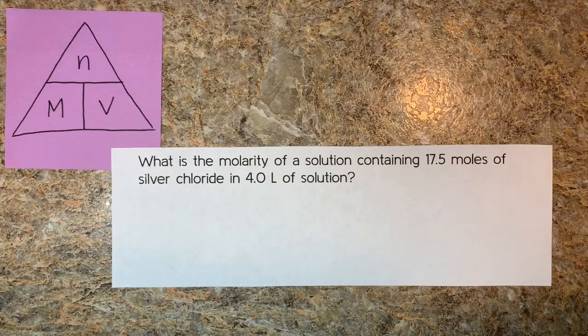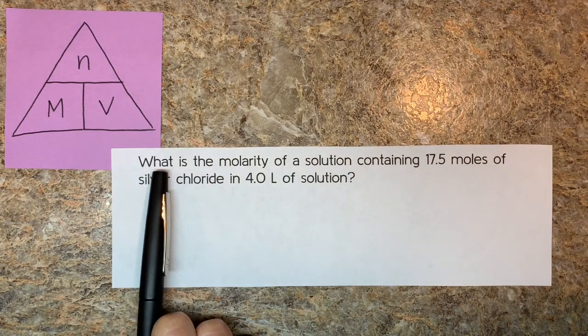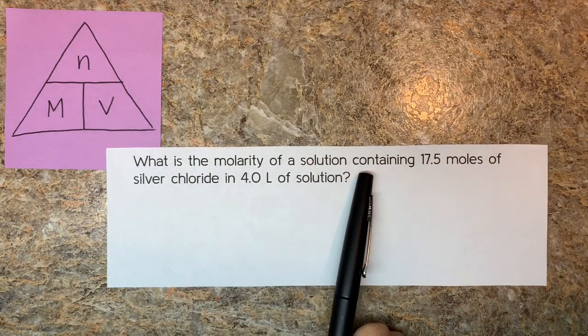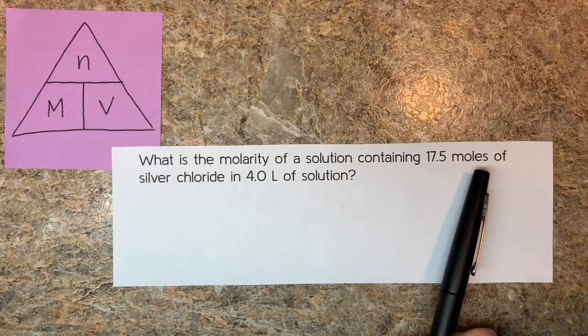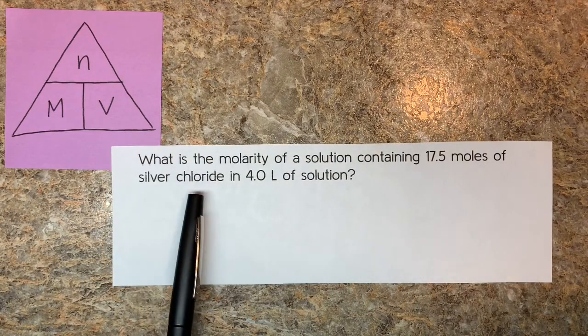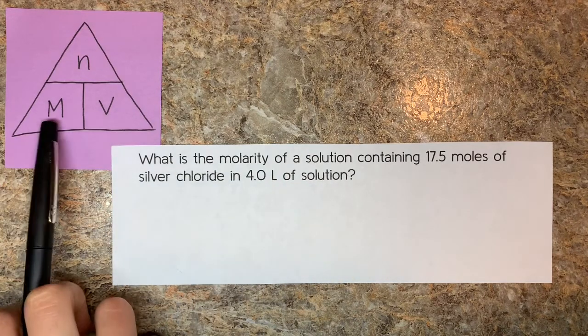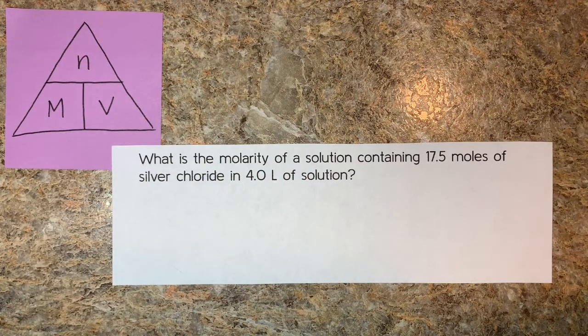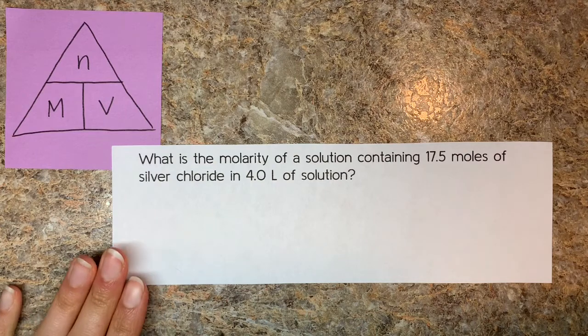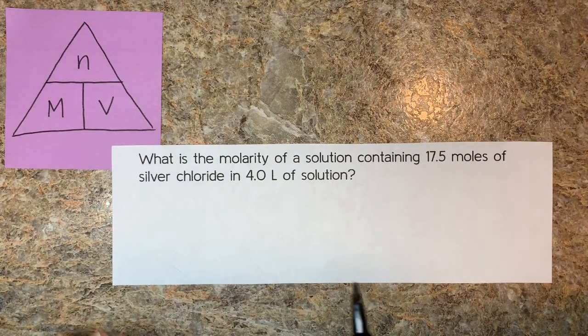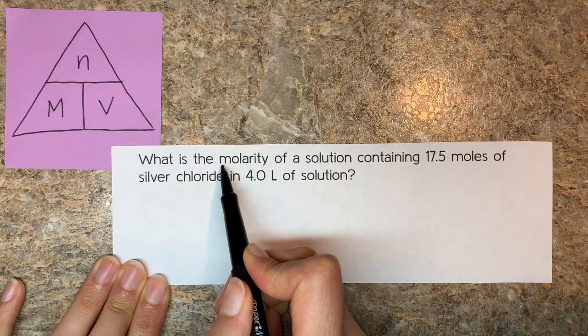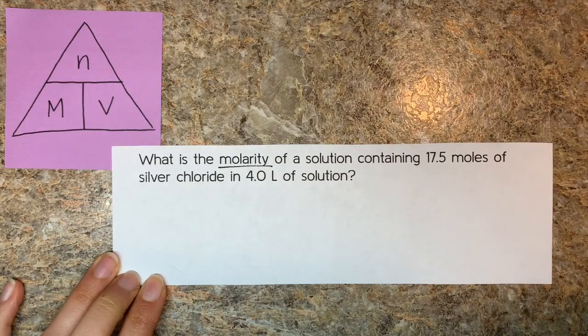Let's try a practice problem. What is the molarity of a solution containing 17.5 moles of silver chloride in 4.0 liters of solution? Now here's my triangle. I'm going to look at what it is I need to find. So it's asking me, what is the molarity of the solution?